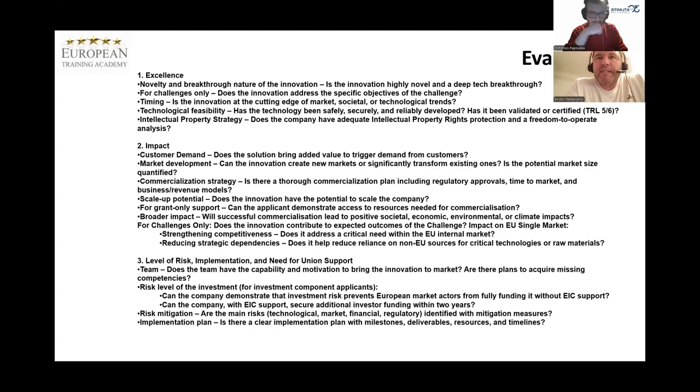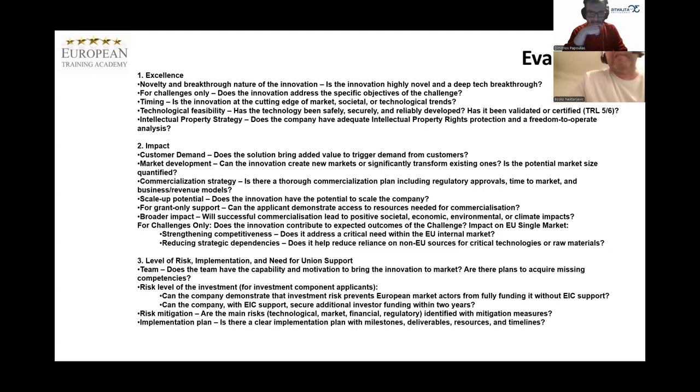Strengthening competitiveness. What we need on the EU internal market, reducing strategic dependencies. Again, as I initially stated, there is the new topic of security within the area of our strategic autonomy compared to the US and compared to China and so on.